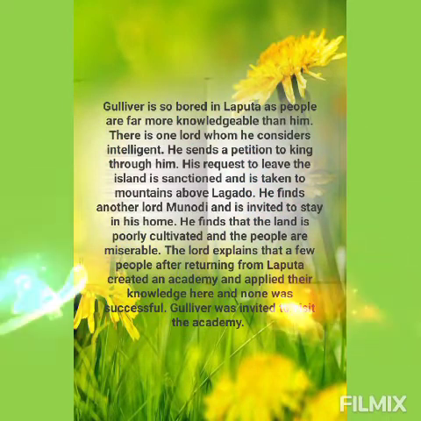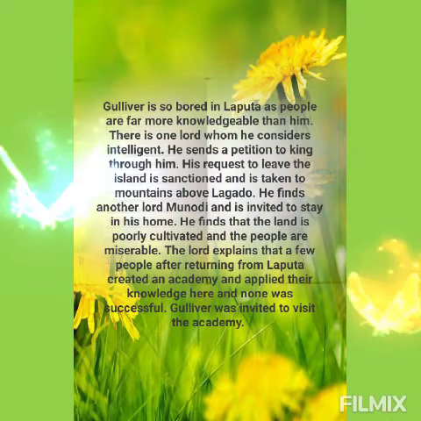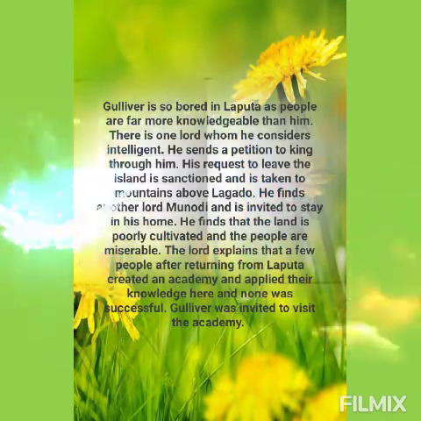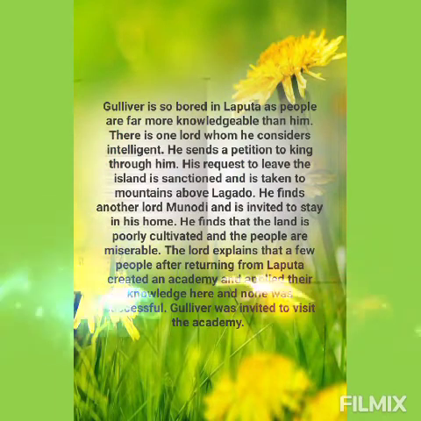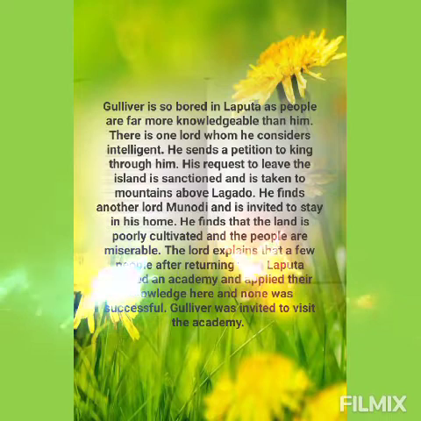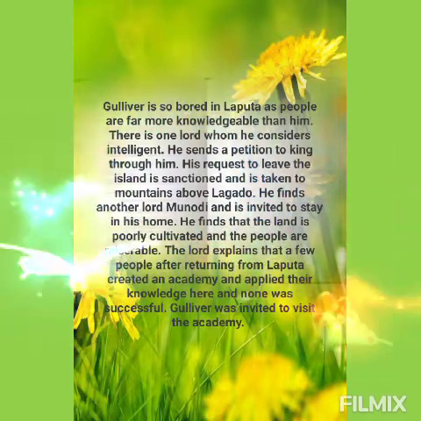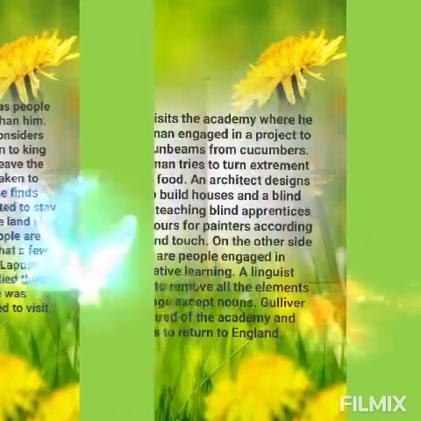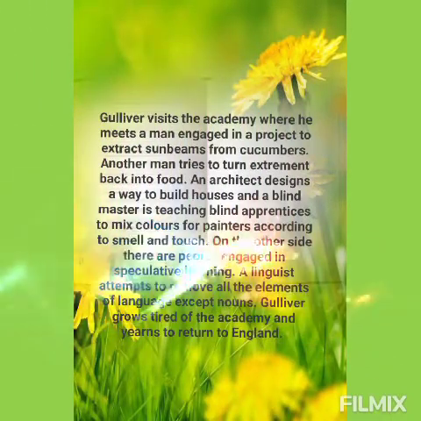He finds that the land is poorly cultivated and the people are miserable. The lord explains that a few people, after returning from Laputa, created an academy and applied their knowledge here, and none was successful. Gulliver was invited to visit the academy.